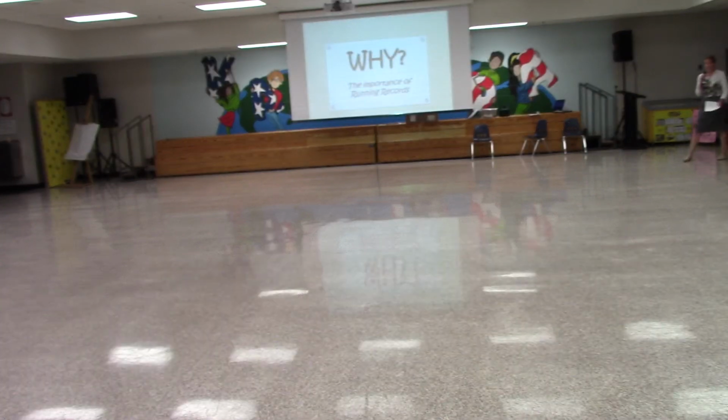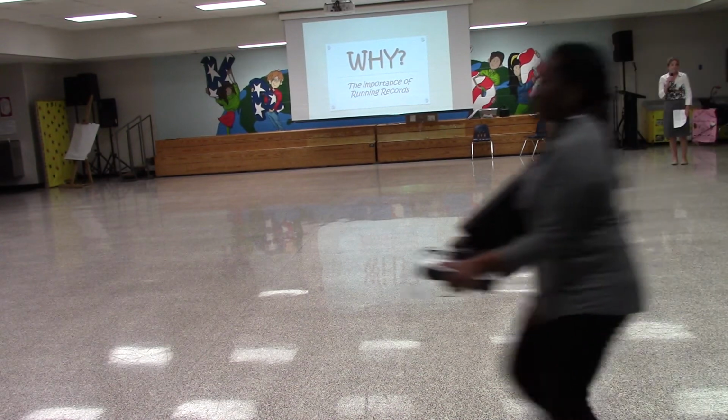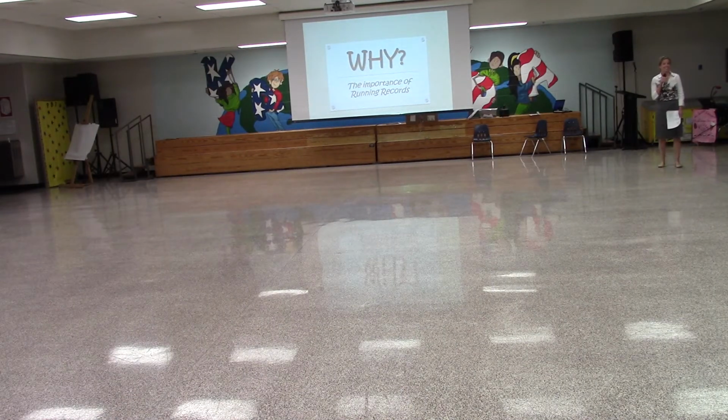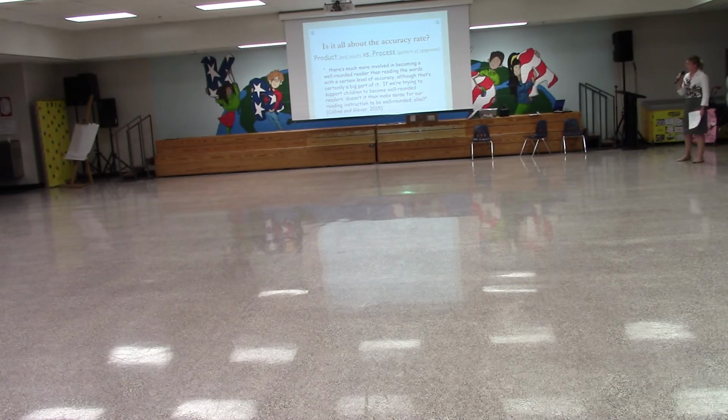All right, we're gonna go ahead and get started. I'll wait until I see your eyes. All right, so we're presenting today why we should do running records and the importance of running records. So is it all about the accuracy rate?